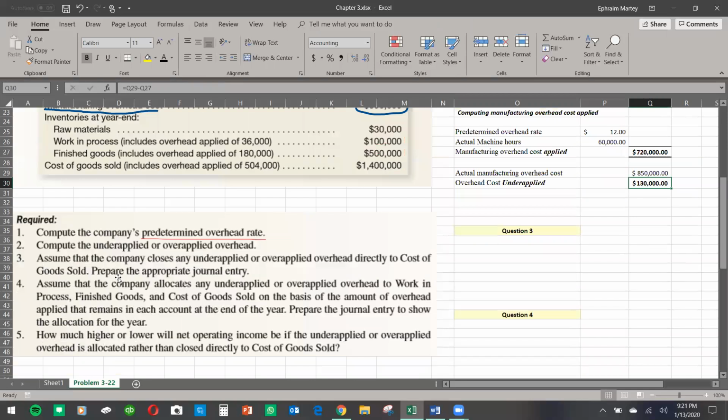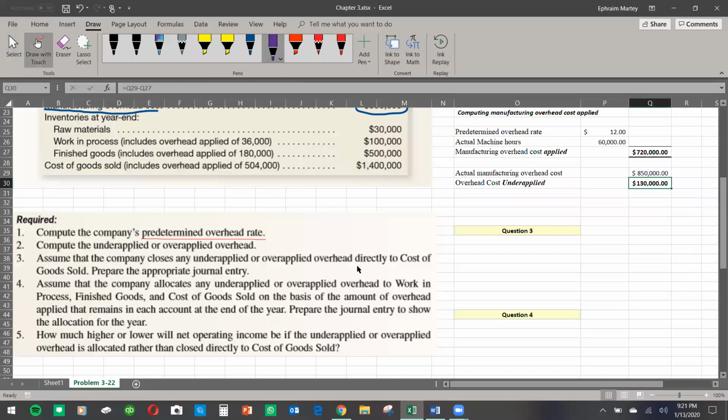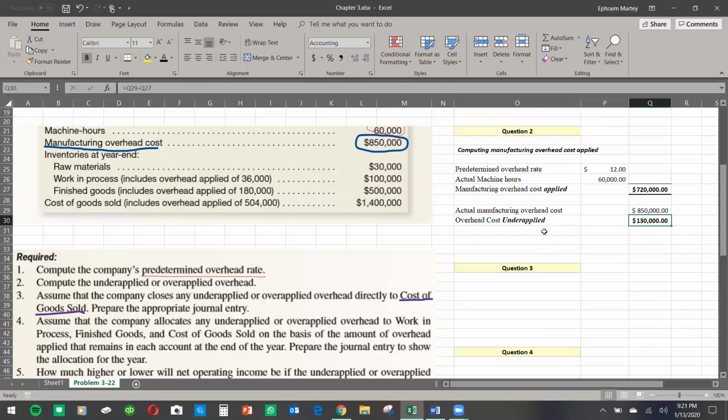Now let's move on to the third one. Assume that the company closes any underapplied or overapplied overhead cost directly to cost of goods sold. Prepare the appropriate journal entry. We know the cost of manufacturing the product goes into cost of goods sold.